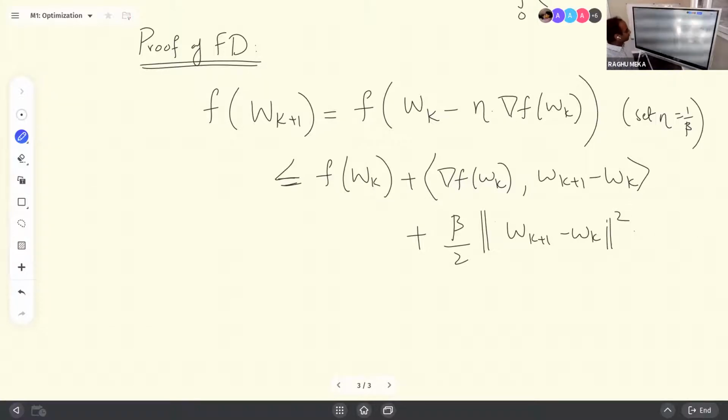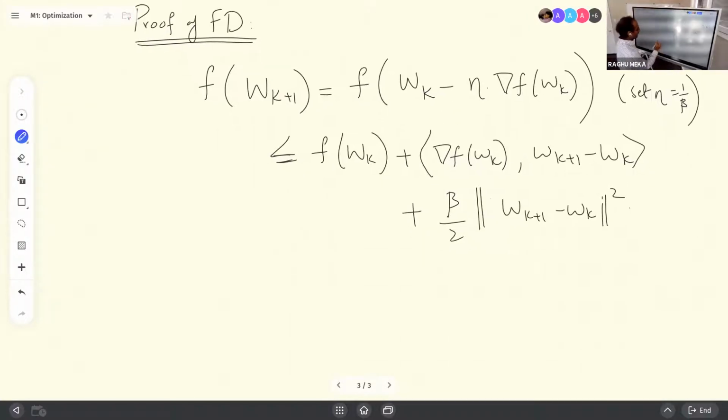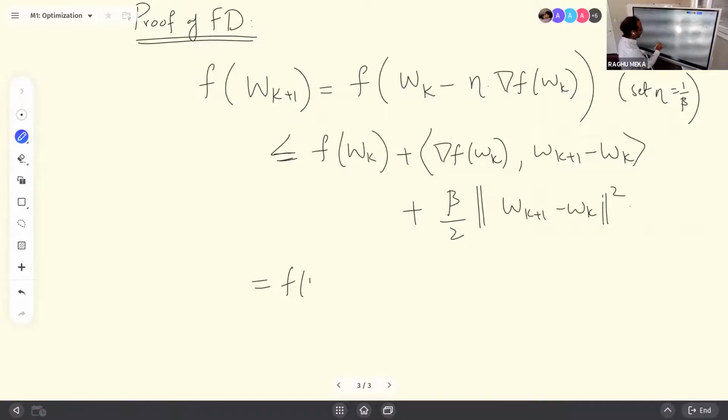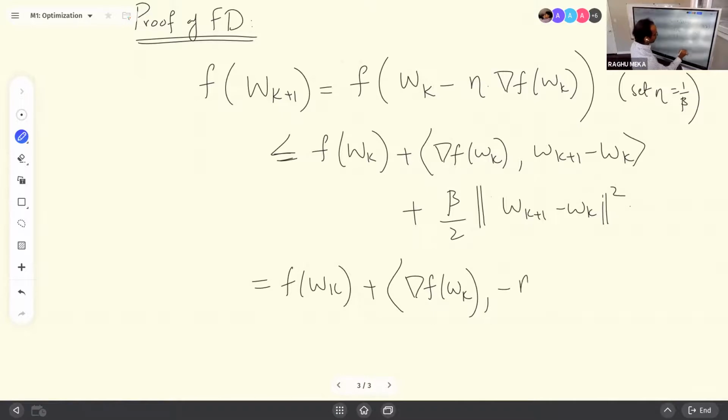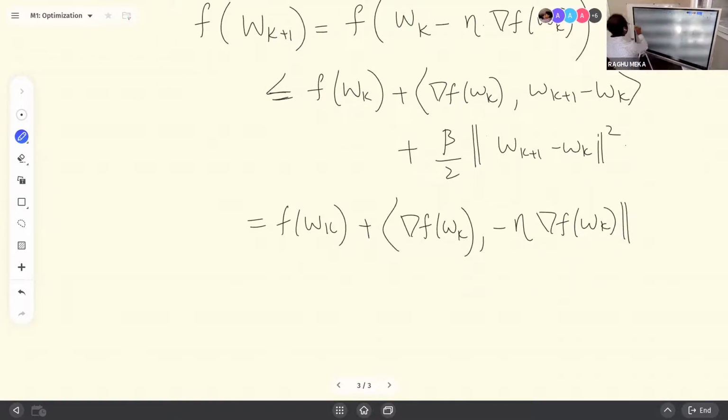Okay. So let's just plug in the values and then you'll get this is wk plus the difference of the two things, which is minus eta times the gradient, right, which is 1 over beta.